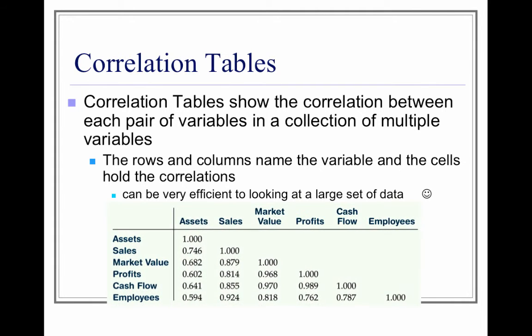For example, here we have a correlation table. The diagonal is always going to be 1 because you're comparing a variable to itself, but you can quickly and easily see that cash flow and profits have a strong correlation, whereas cash flow and assets, not as strong of a correlation. So it allows you to see what the relationships are right away.